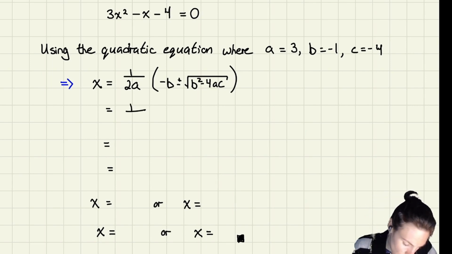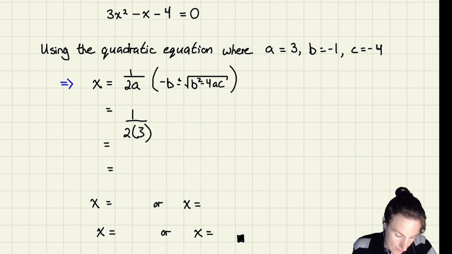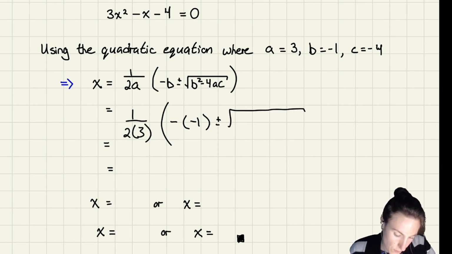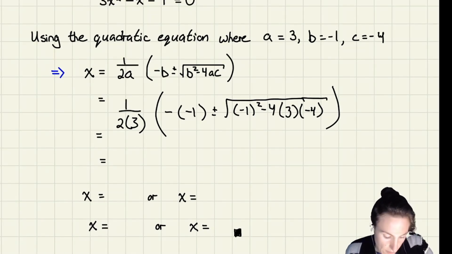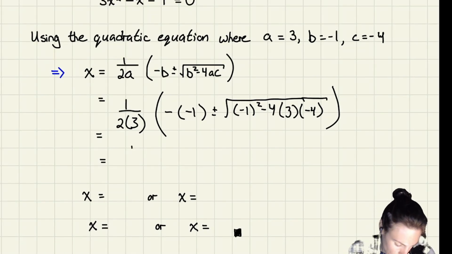I can go 1 over 2 times 3. And then this is all multiplied by minus b, which is minus 1, plus minus the square root of minus 1 squared, minus 4. My a is 3, and my c is negative 4, so I will have a positive value.